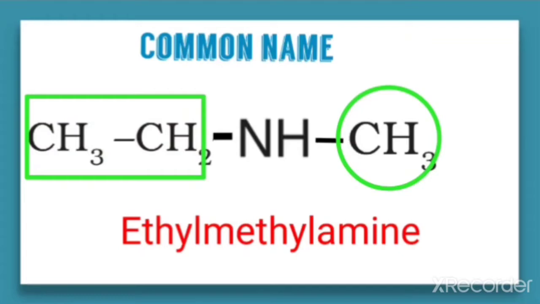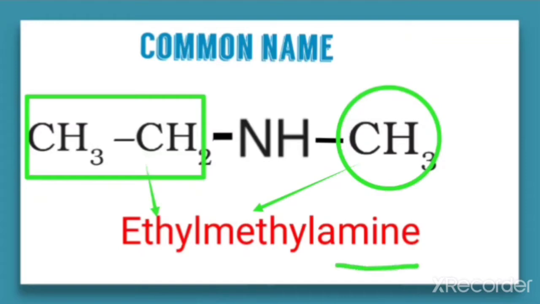Because two different alkyl groups are there, we have to name them separately. So when we are naming this one, we have to follow alphabetic order. That is, this one is ethyl, so it should be named first because in alphabetic order E comes first. Then we have to name the methyl group, and then we have to add the suffix, that is amine.